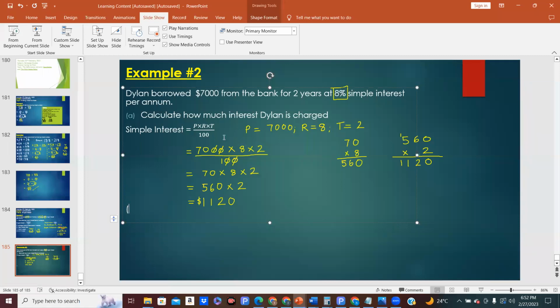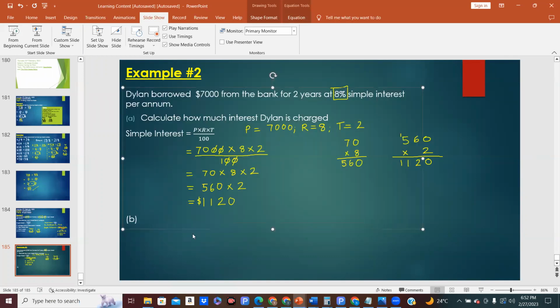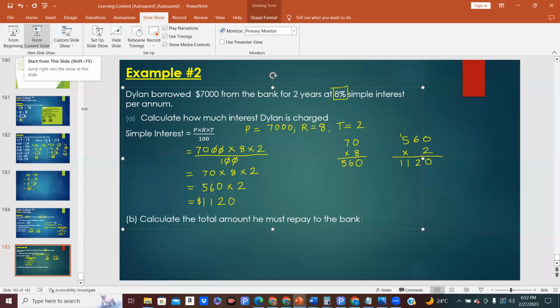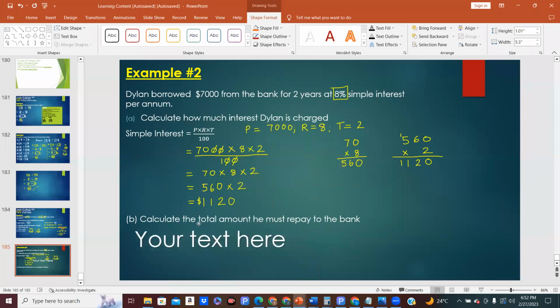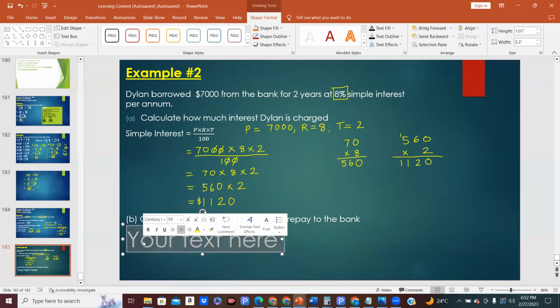Part B, like I asked you all earlier, is I want you to calculate the total amount he must repay to the bank. So you want the total amount that he must repay to the bank. How are we going to get that? 7,000 plus 1,120. Good.